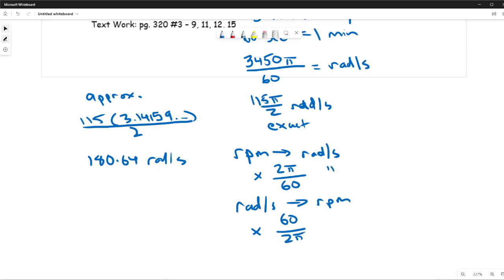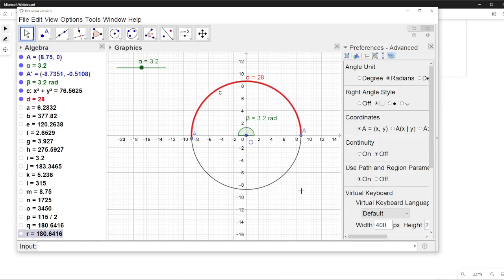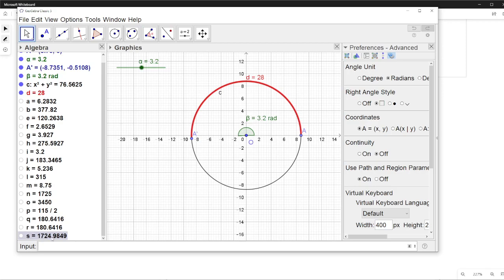Now realistically, we could simplify this, right? Pi over 30 and 30 over pi. You don't have to do the 2 and the 60. You could make it simpler. But it might be easier to remember it as 60 and 2 pi because there's 60 seconds in a minute and 2 pi rads in a rev. In any case, we could take our 180.64 at the end here, multiply it by 30 over pi, and it comes back as the 1725 RPM that the question had.